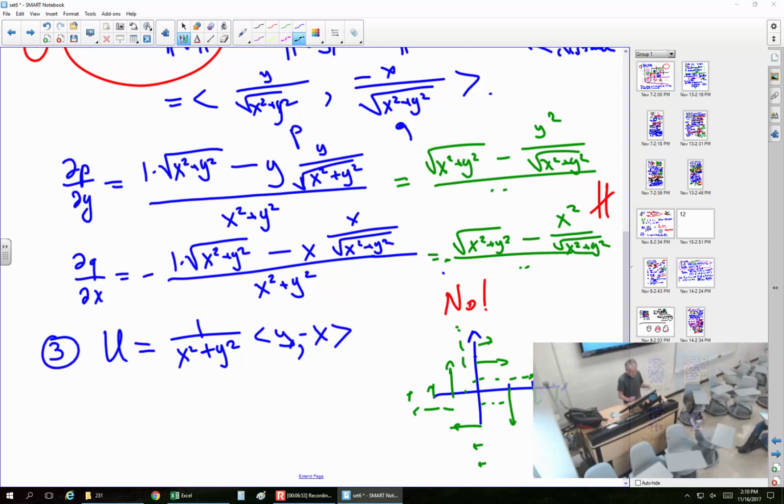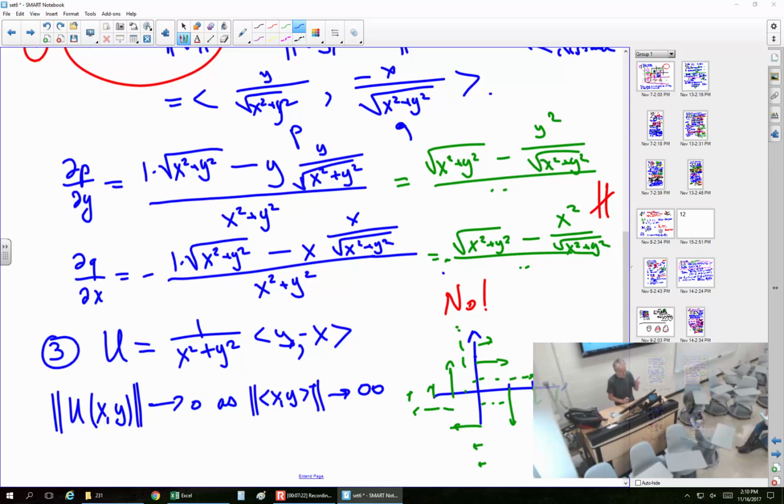These are the conclusions. Number one is that the magnitude of vector u of xy will go to 0 as xy goes to infinity. So no matter in what manner we're moving away from the origin, the magnitude diminishes.